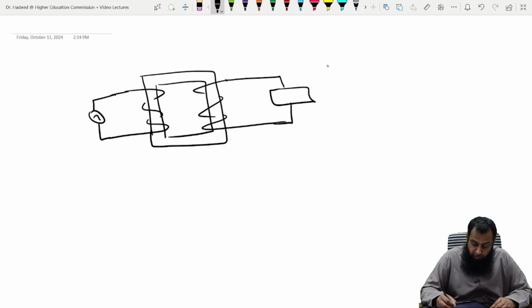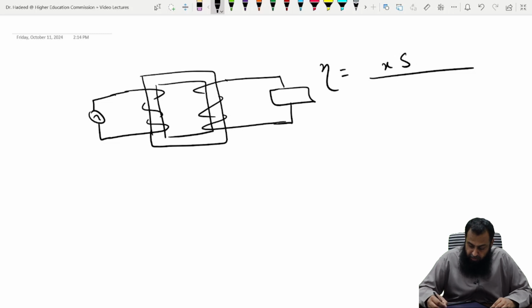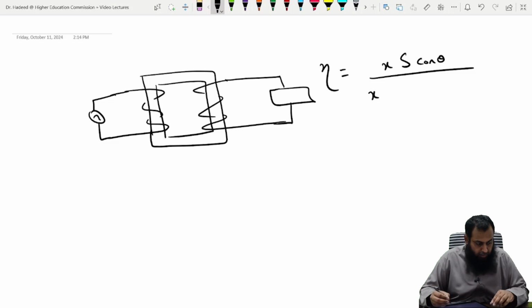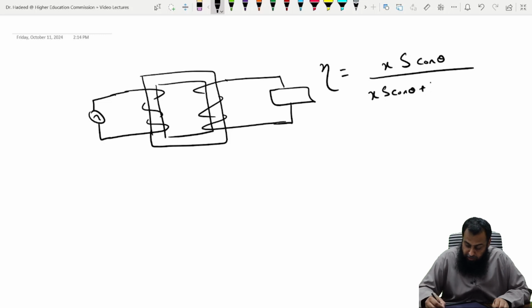And therefore, when we discuss the efficiency, it is equal to X times S cosine theta, where cosine theta is the power factor, divided by X times S cosine theta plus the P core plus X squared into P copper losses at full load.